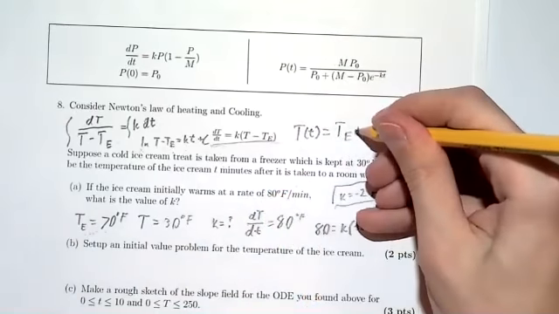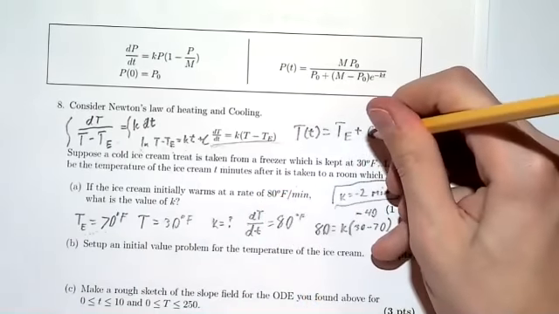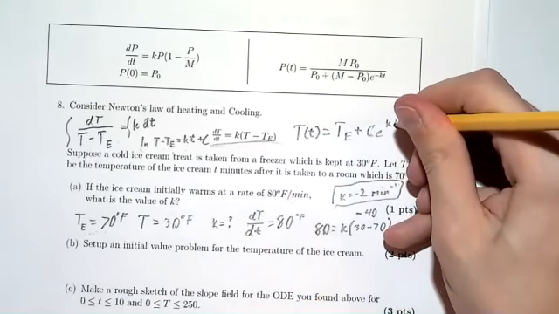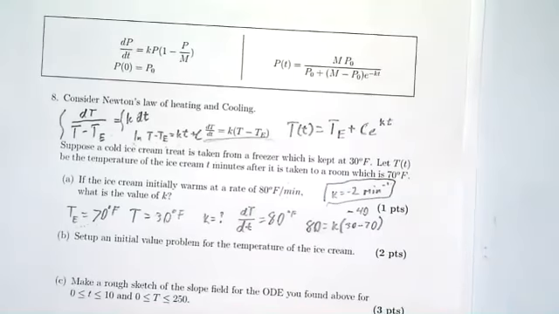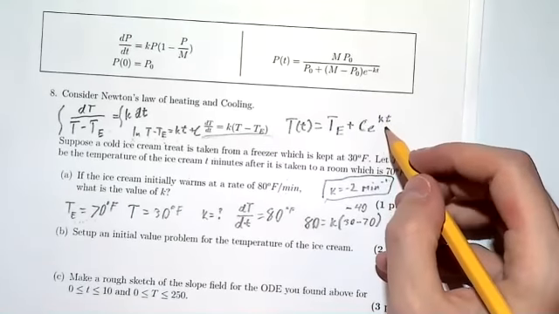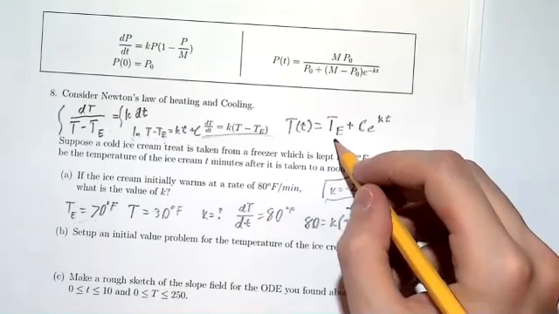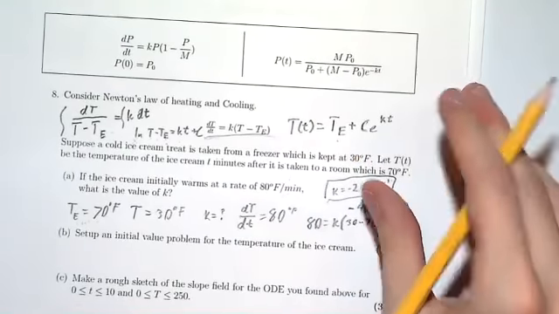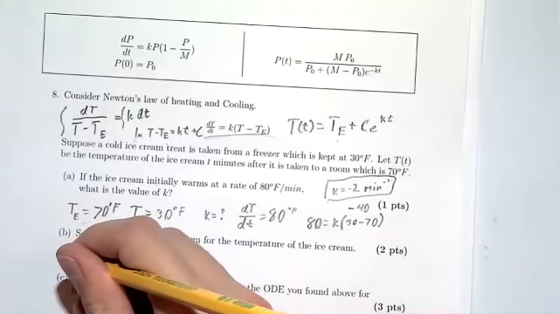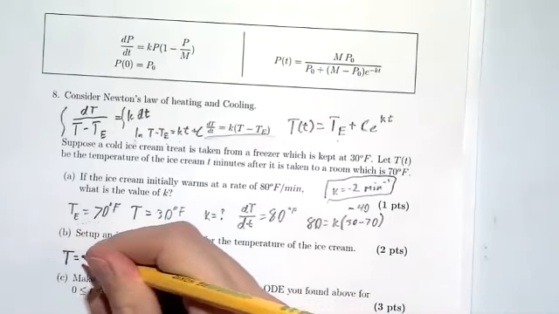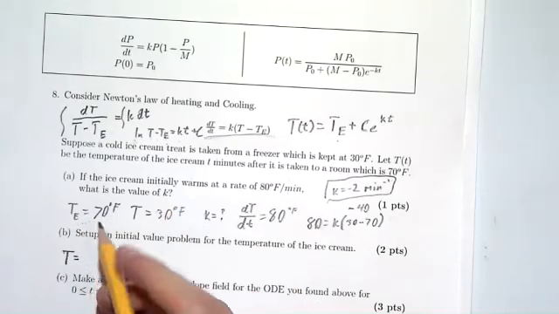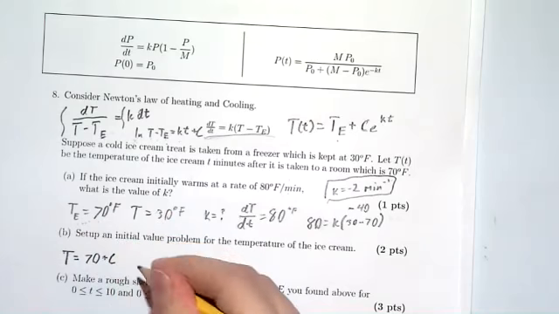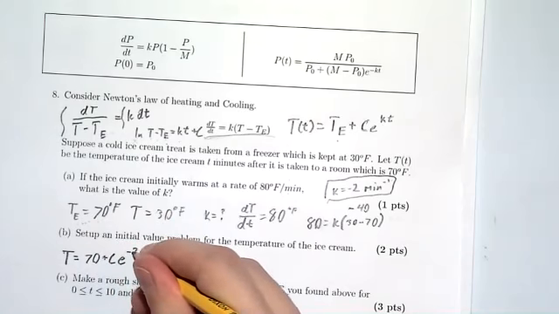T_E plus C e to the Kt. And so we know our K, we know this, and we know an initial value. We can solve for C. So we know T is equal to 70 degrees plus C e to the negative 2t.